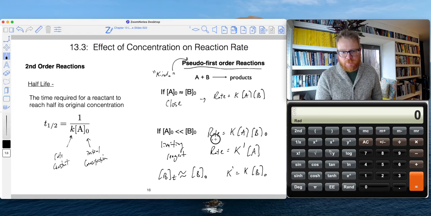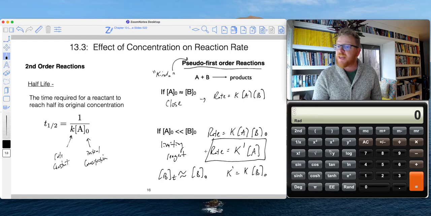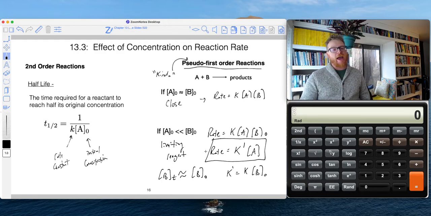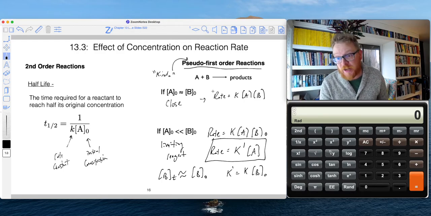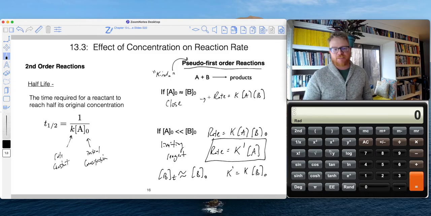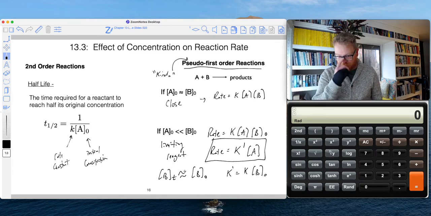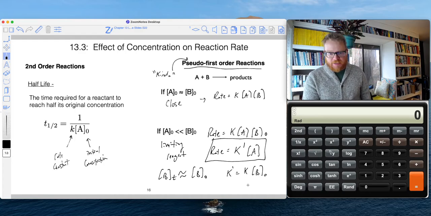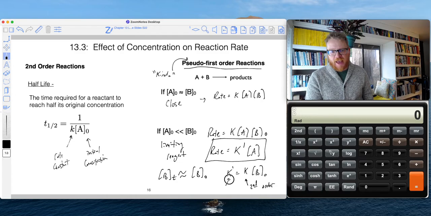So this would be my observed rate law. It would look like a first order reaction, even though there's two reactants involved. And again, that's because we have this limiting reagent situation going on. And so now what this means is this K would be a second order rate constant, and this K prime would be a first order rate constant.